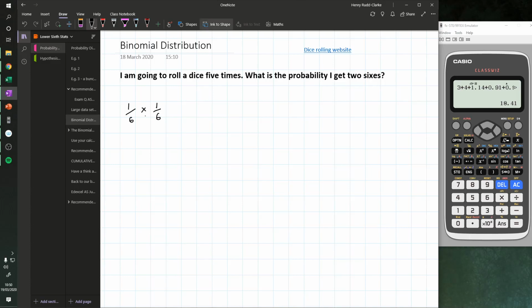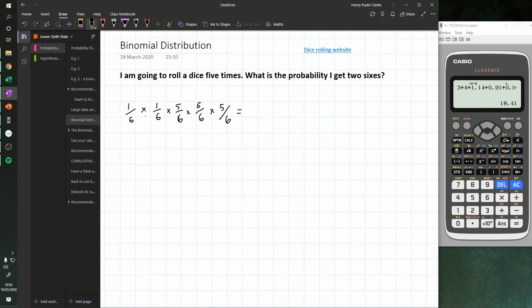And that's 2 of the rolls. The other 3 rolls have to not be a 6, so those would be 5 out of 6 times 5 out of 6 times 5 out of 6.